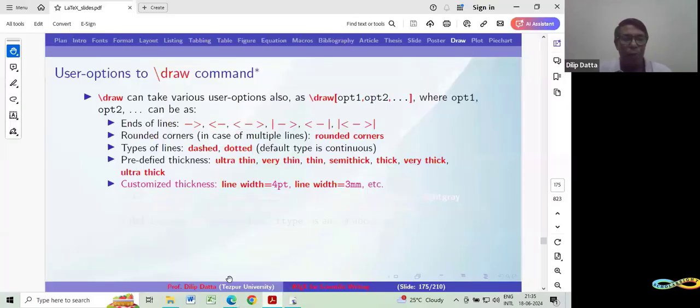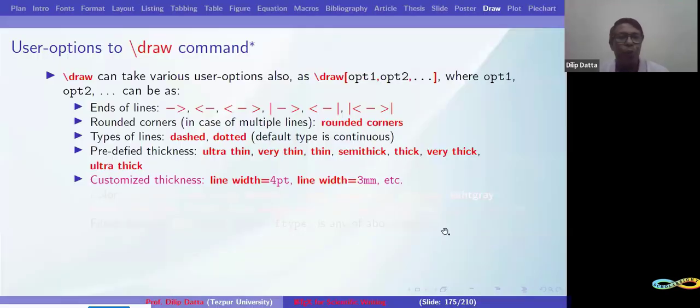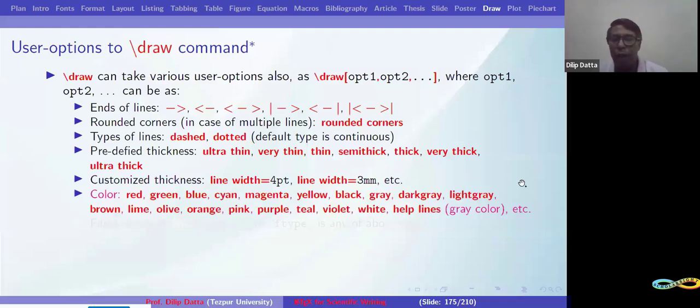So what other provisions are coming here apart from this: end of lines, then type of lines, thickness, then user defined thickness, color already I mentioned, then filled drawing.